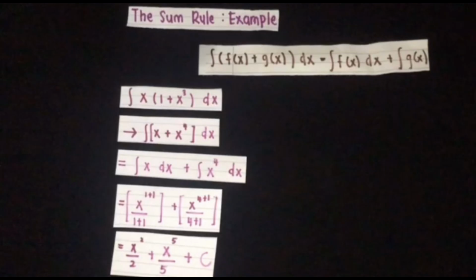Thus, the end result is x to the power of 2 over 2 plus x to the power of 5 over 5, and don't forget plus c.